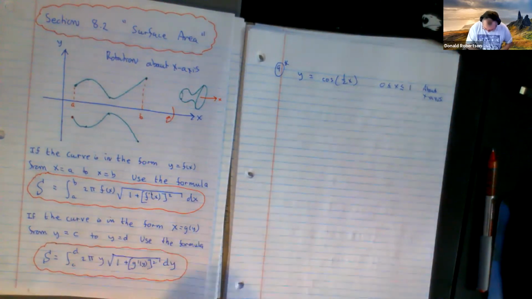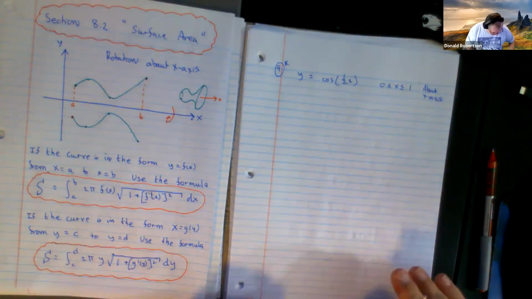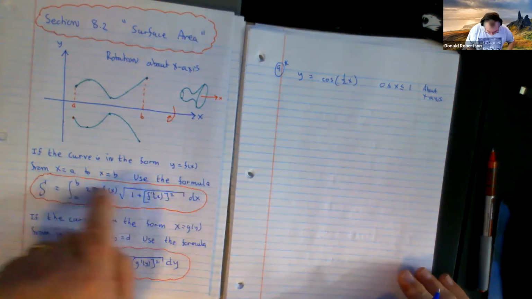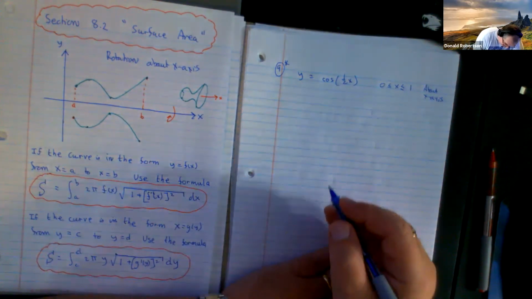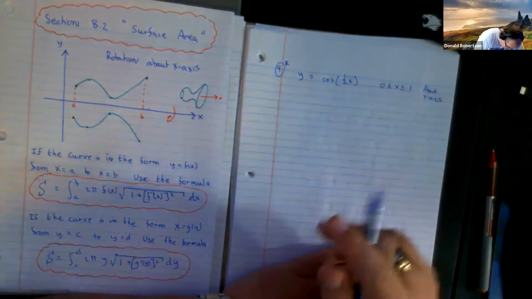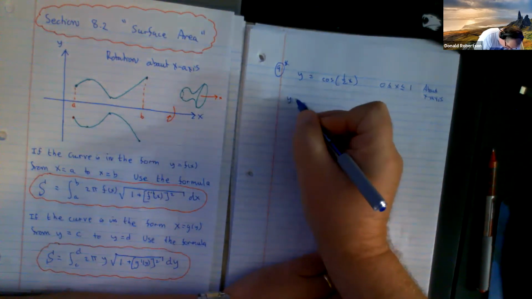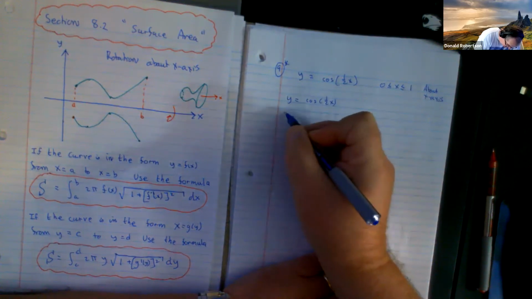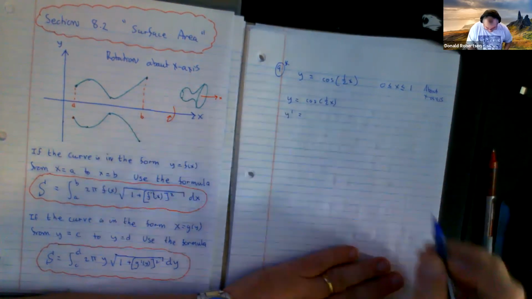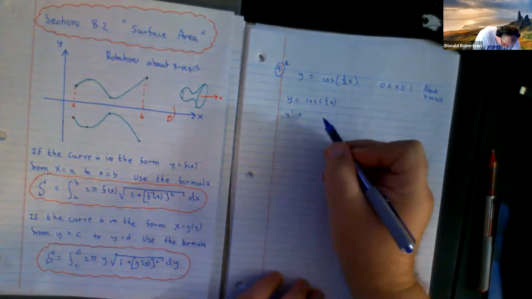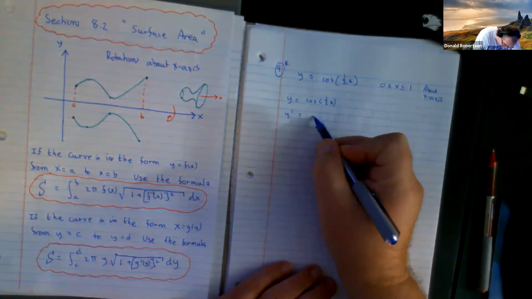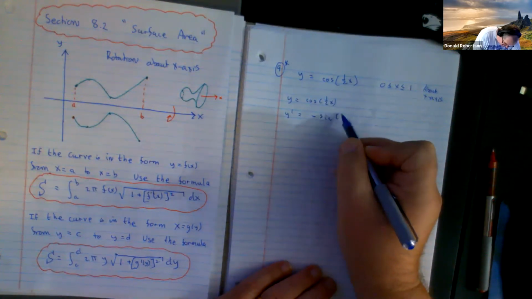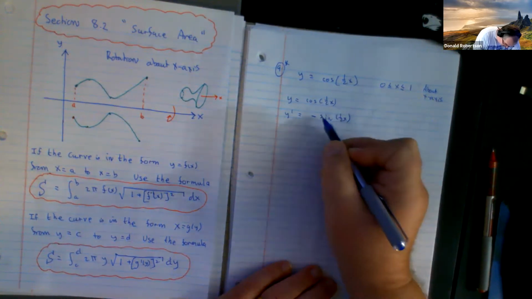Right, so putting this together, we know that we are going to be using the top formula again, which is what I'd expect, right? Everything in x's. So I'm going to start with this fella, and I'm going to differentiate this guy. Well, if you differentiate a cosine, you get a negative sine. Since it's a chain rule, you get a half.